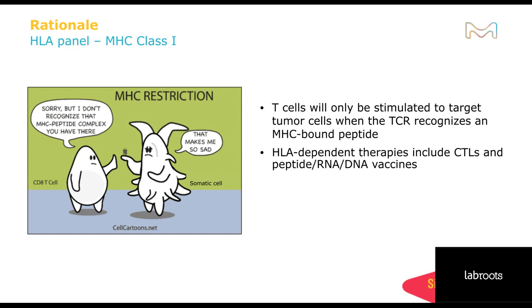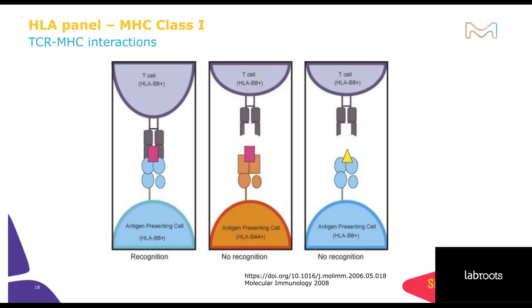And to look at this a little bit more in detail, this is a cartoon that I'm using from a paper published in 2008, which shows on the bottom an antigen-presenting cell, and on the top an MHC HLA-B8 restricted T cell. So the T cells will only recognize peptides as presented by HLA-B8. On the left-hand side of this slide, this is a T cell that can recognize this peptide in the HLA-B8 group.